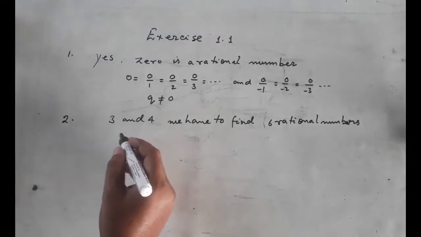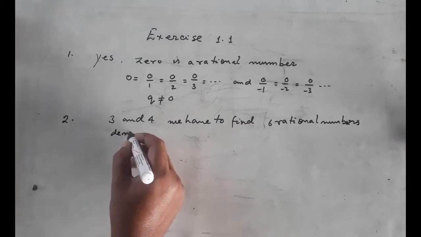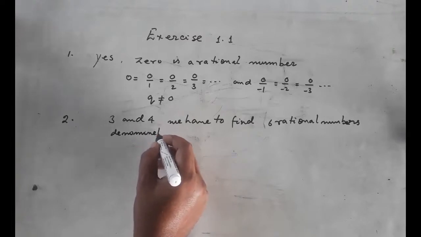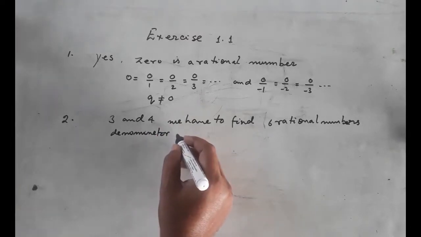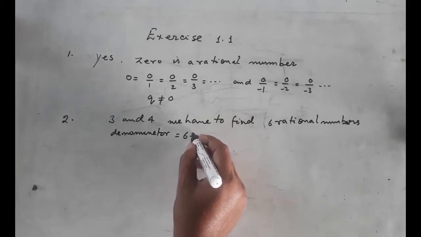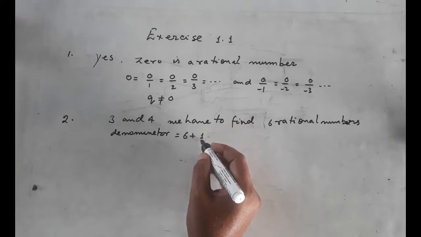In your second method, your denominator will be 6 plus 1, that is your 7.